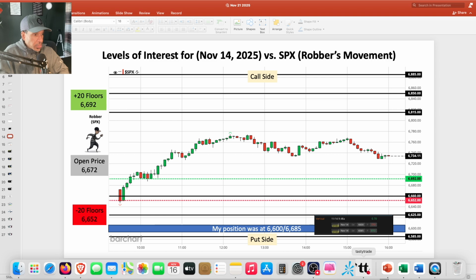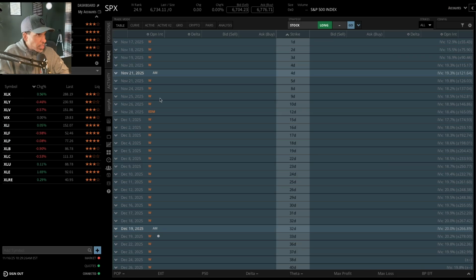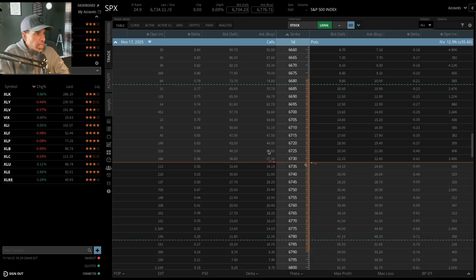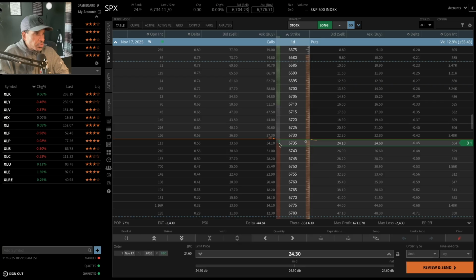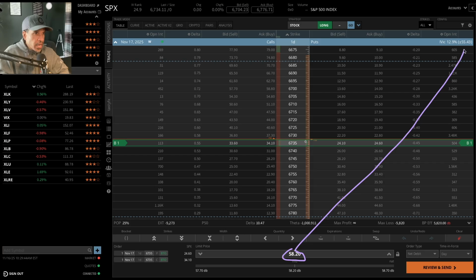So real quickly, how do I come up with the levels of interest? It's just looking at the cost of a straddle, right? Or you can look at what would be the credit that you would get for selling a straddle, but I just always do the cost of a long straddle. And oftentimes this number will be the same or in the neighborhood of the expected move from the platform, but not all the time, right?